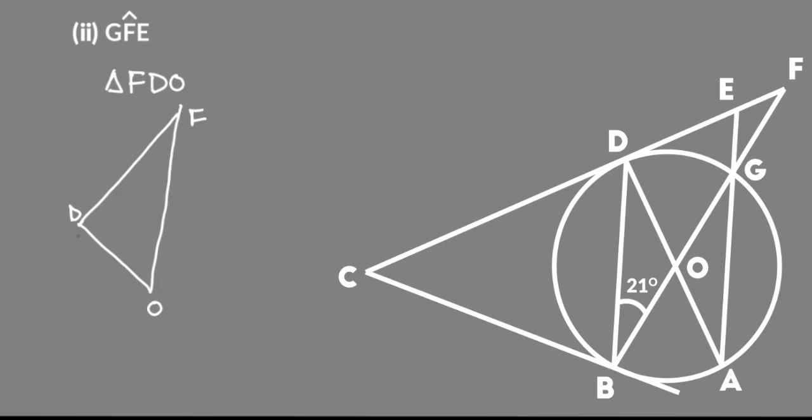Therefore, the angle CDO, or the angle ODF, as we have in this diagram here, is going to be a right angle. Hence, it's 90 degrees. Why do we say that? We know that the normal and the tangent make an angle of 90 degrees.